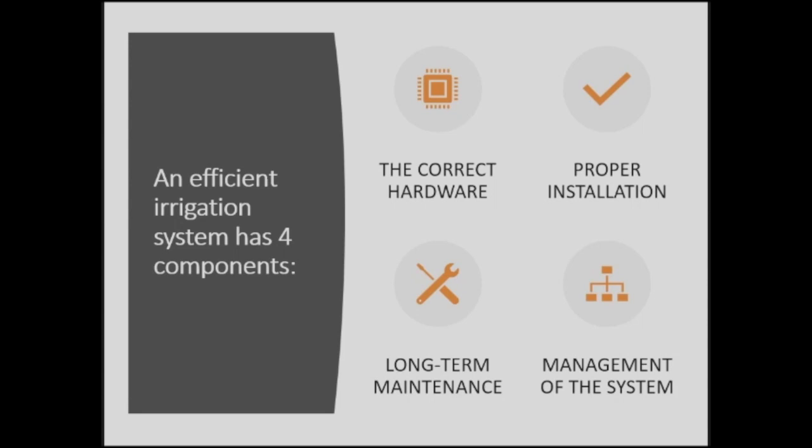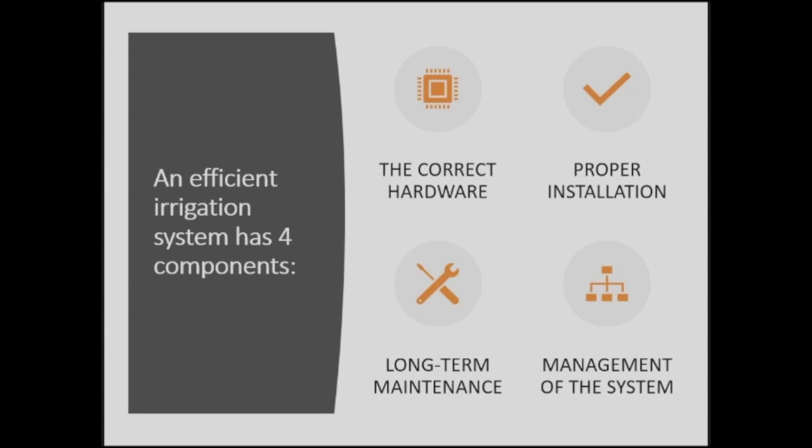I thought there would be more hands raised, to be honest. But great, then you probably really got it properly installed. Or you had a professional come in and install it. So once all of that is done, do you think that's it? It's going to require maintenance, long-term maintenance, management of the system. Maybe you call in a professional to come get it maintained, or maybe you're out there maintaining it.